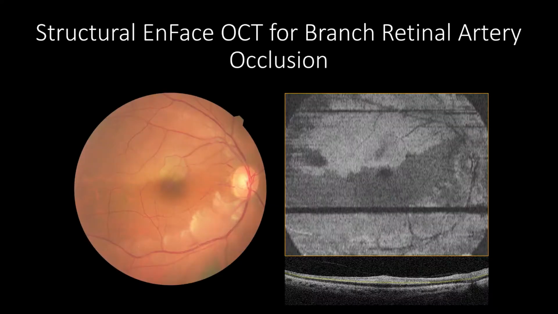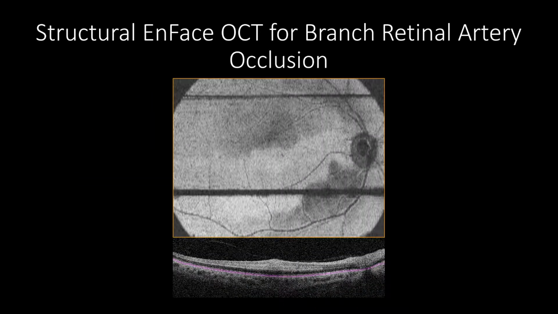In cases of branch retinal artery occlusion, the IPL slab will appear more hyperreflective in the involved area of the occlusion, in contrast to the uninvolved area, and this simulates the hyperreflectivity of inner retinal layers in the OCT cross-section. Please note the blink artifact.